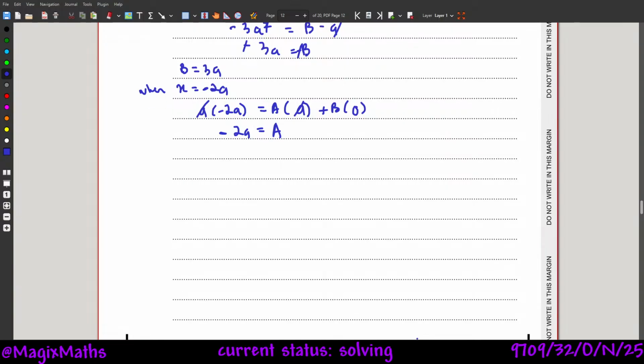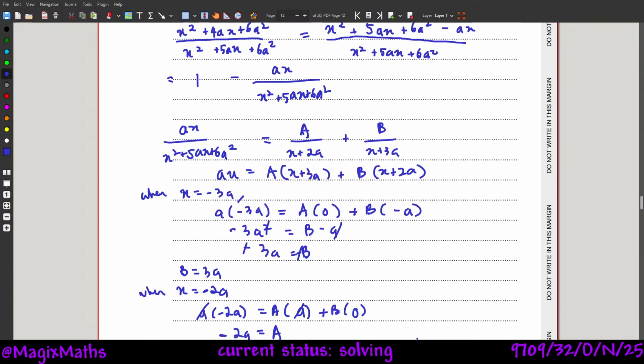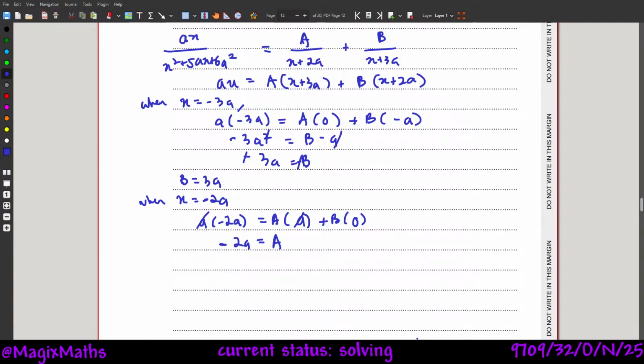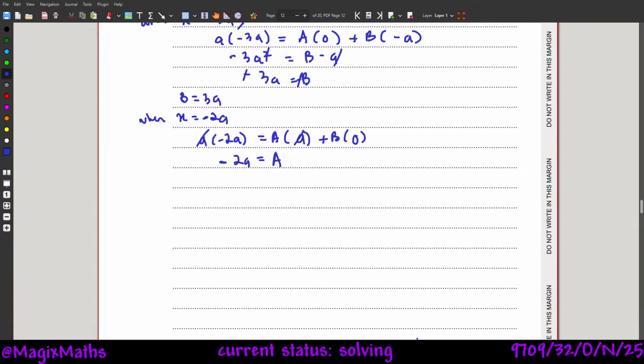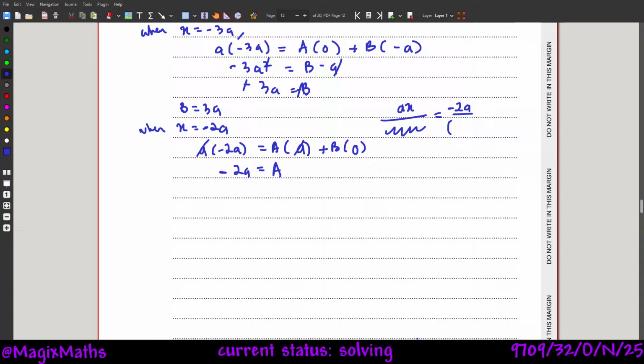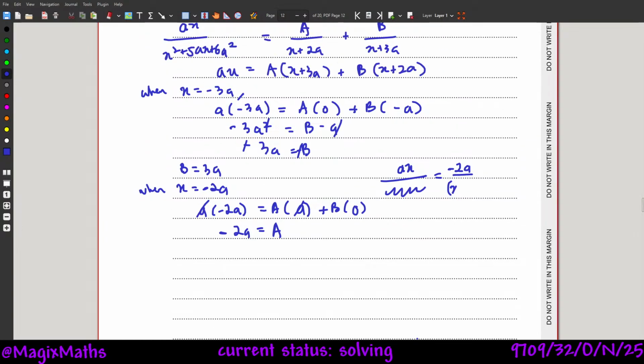So then we have ax over the denominator equal to negative 2a over x plus 2a, plus 3a over x plus 3a.